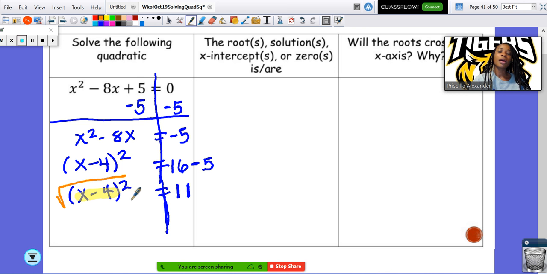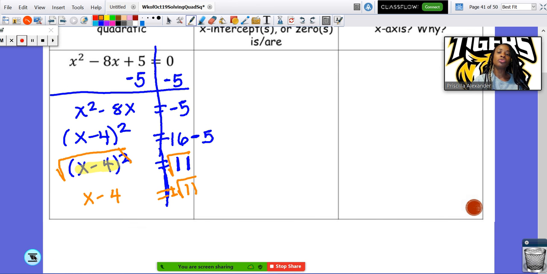So I know I need to get rid of this square so I can get this x up in here by itself. So I get x minus 4, the square root makes the square go away. And then since this is a square root, we're going to put plus or minus because, well, because that's squared, I should have 2 answers.